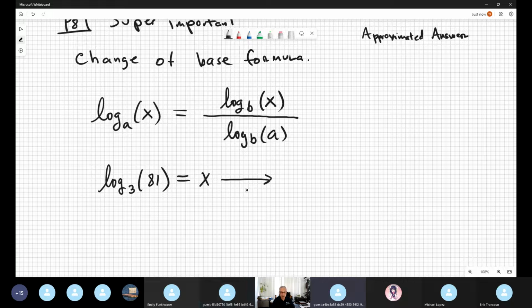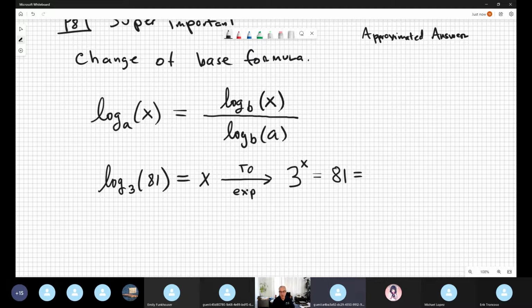You convert to exponential. And when you convert to exponential, remember the organization: you put a base, the base is 3, and the exponent is exactly what I don't know, x, equal to 81.